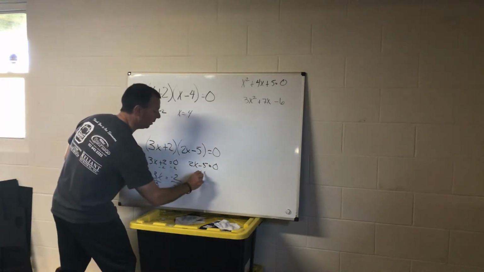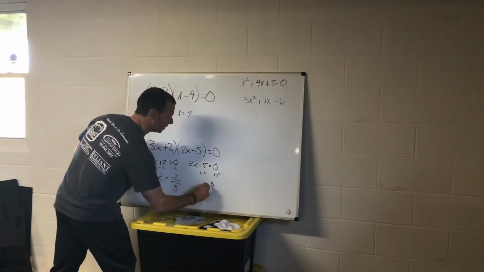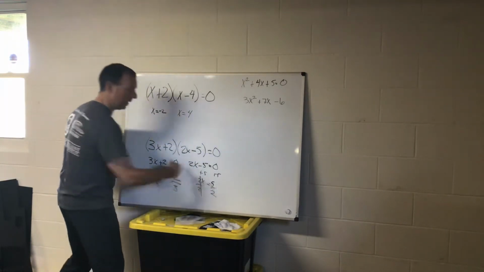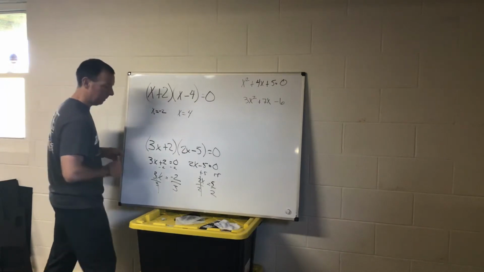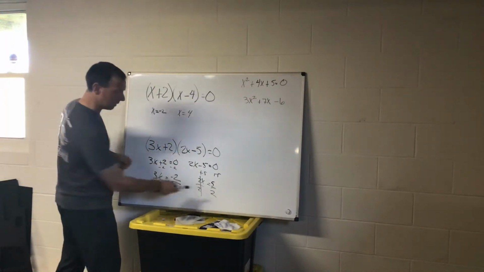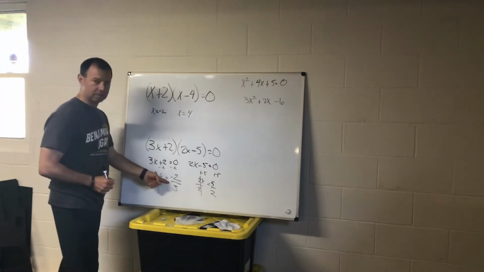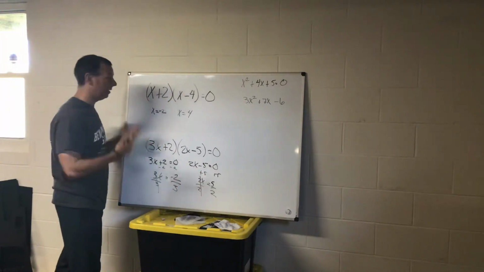Over here, you would add 5 to both sides, divide by 2, and x equals 5/2. Now, that's positive 2.5, that's -2/3, that's the smaller one, that's the bigger one.